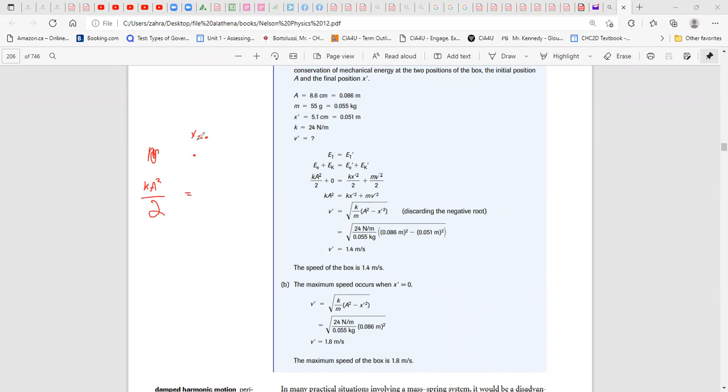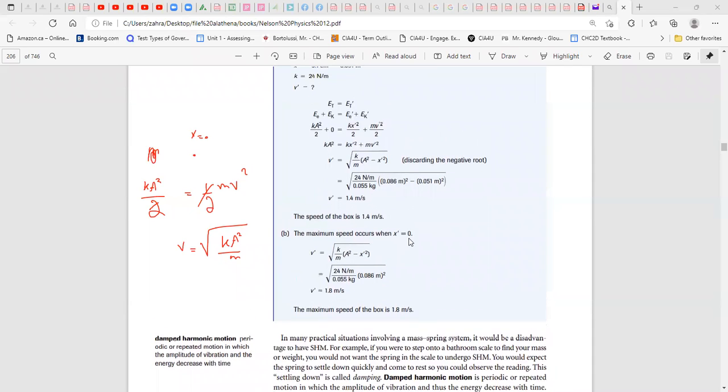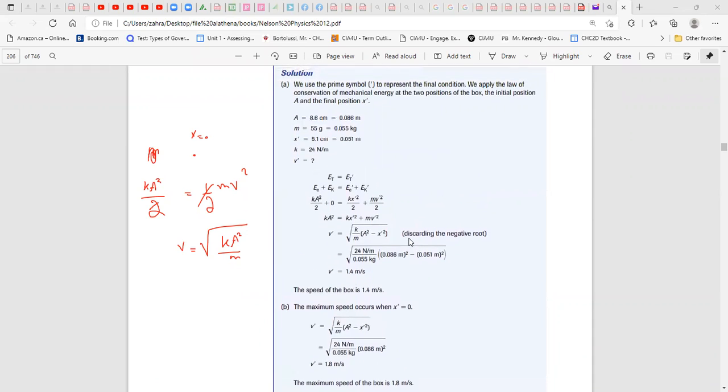It should be equal to the energy at equilibrium, where we don't have potential, it's all kinetic, half mv². We can rearrange for the velocity. The maximum velocity is the square root of ka² divided by m. We have k, we have a, we have the mass, and we can calculate this. This is the maximum.